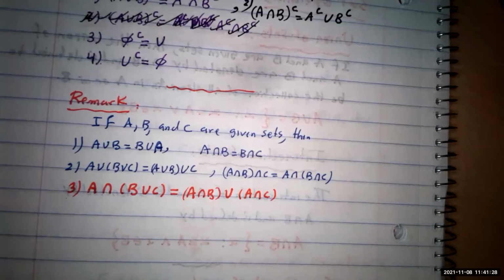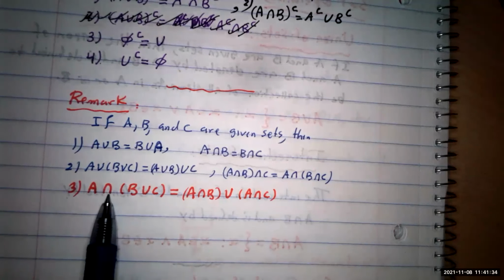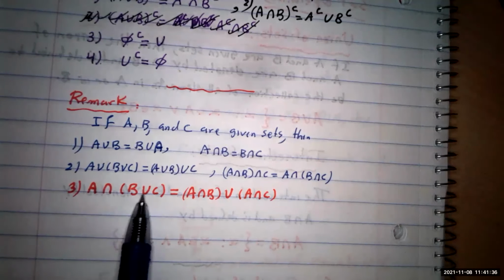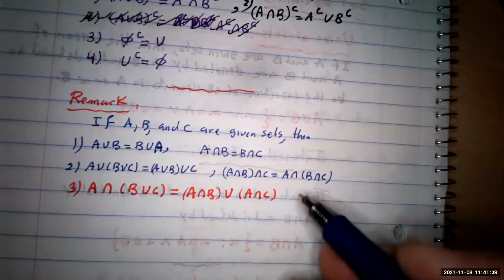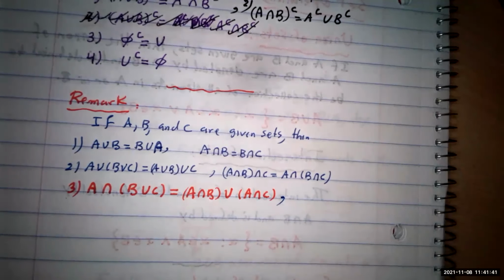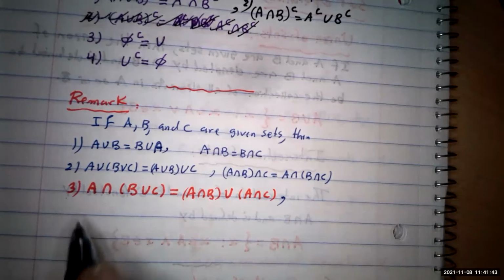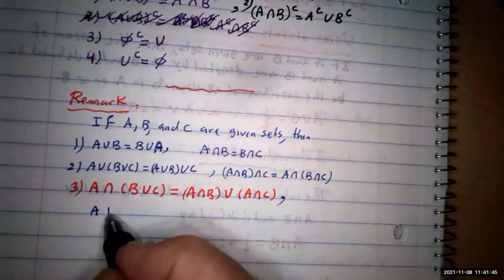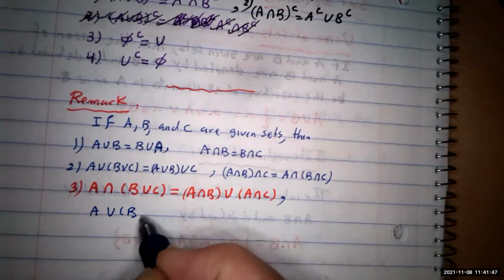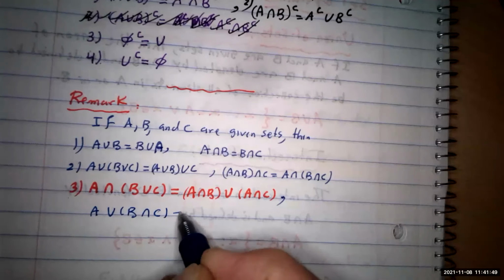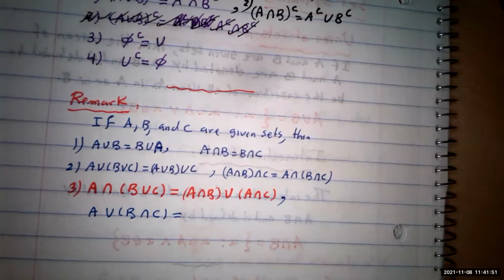But the surprise one is the duality. Duality means if you switch these two binary operations, then it's not going to be like the ordinary one that we like. So that would be A union B intersect with C. You see? When you change it, it's like A plus BC.